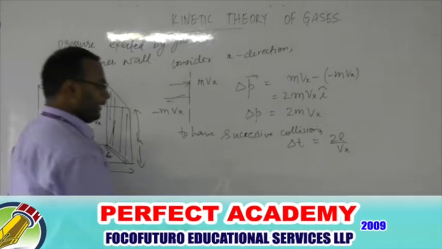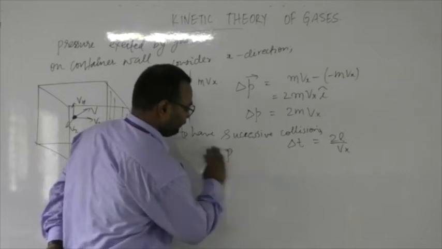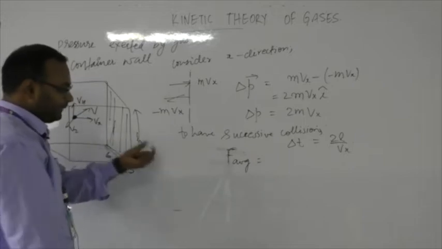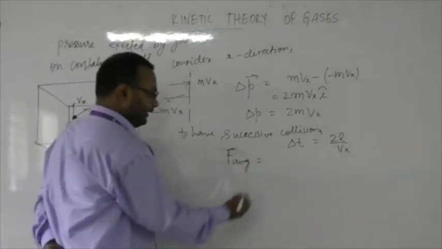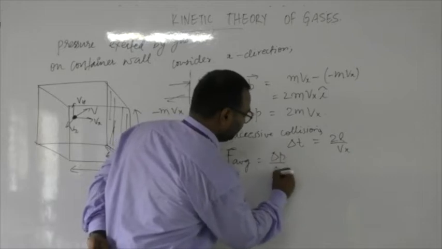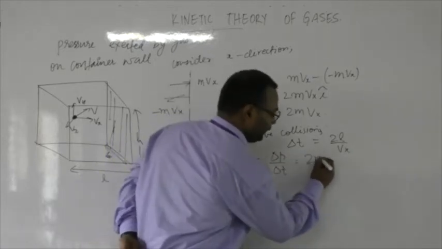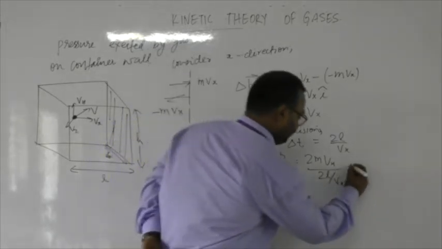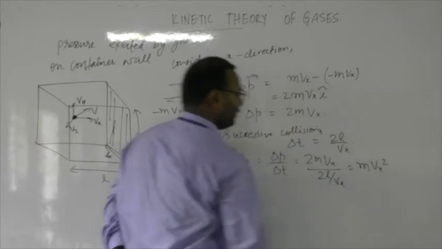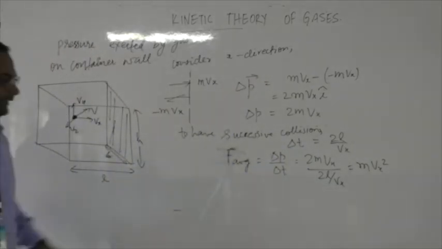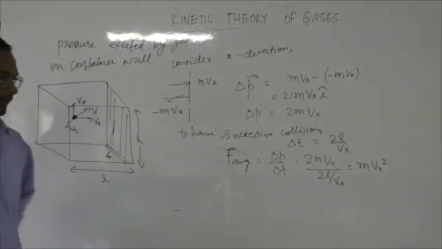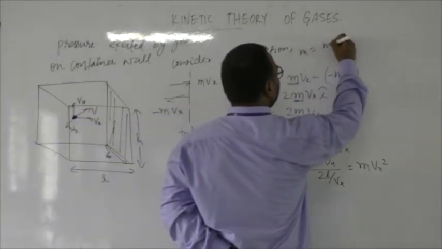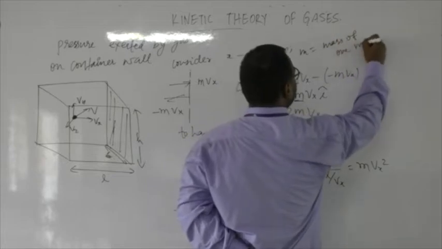Now, the average force imparted by that molecule on the container wall: you will write change in momentum, which is 2mVx, upon 2L upon Vx. That means mVx whole square upon L. That is the average force given by one molecule, and whatever we are writing, m is the mass of one molecule.